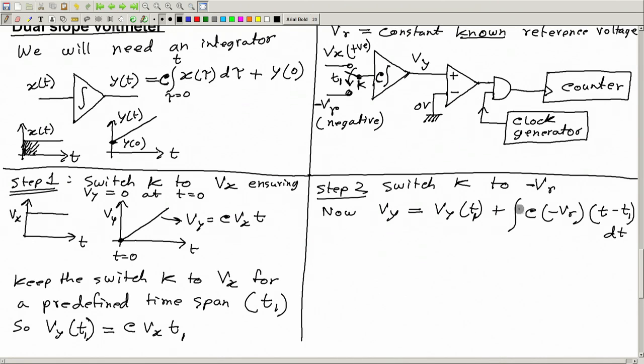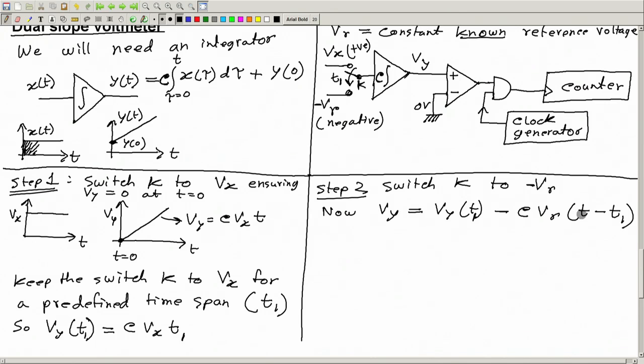Or you can write it directly: minus c VR (t minus t1).